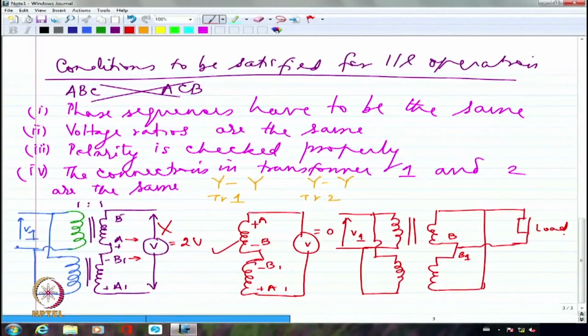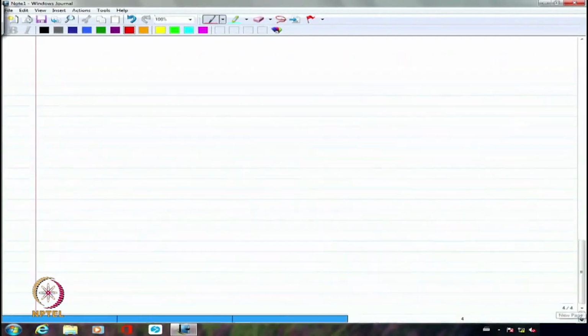Now, let us see whether we are able to get the expressions for how the load is being shared when two transformers are operated in parallel. So, let me show that I am applying a voltage V1. There are two cases I am going to discuss.